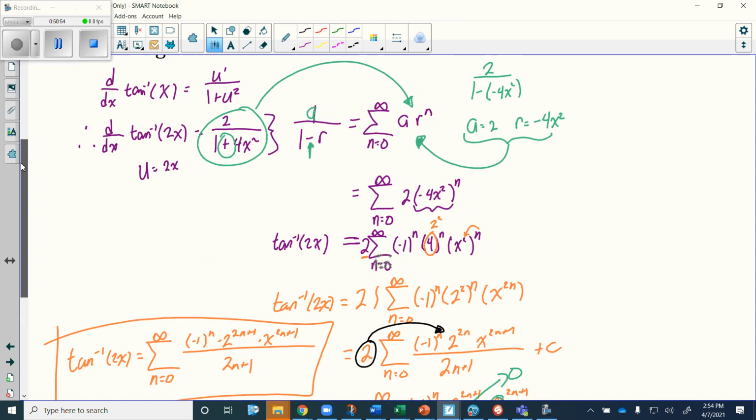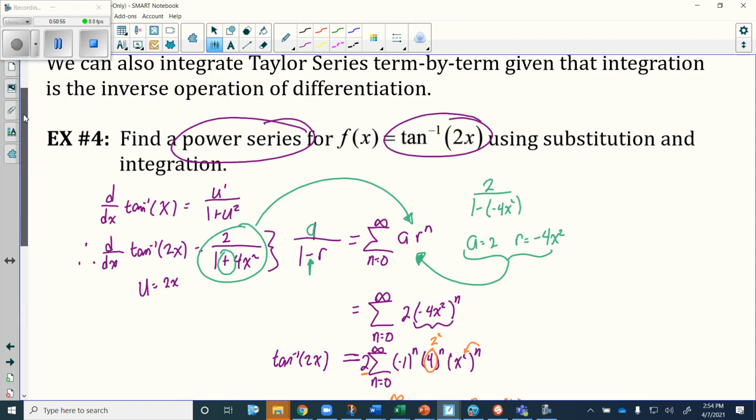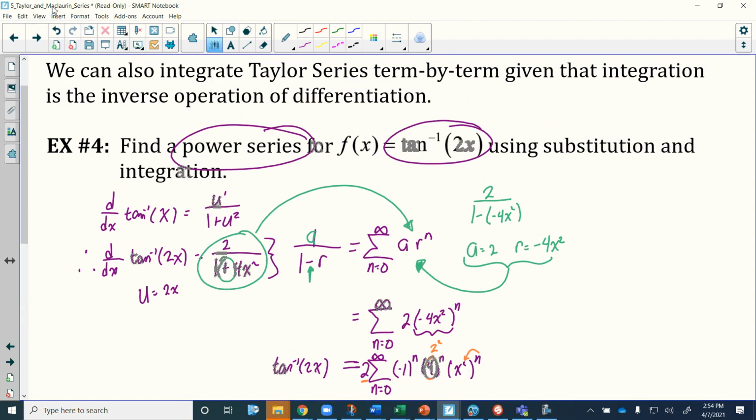But again, think about what we know, okay? We know we need it in some way to look like this expression here. You know, we need it to look something like that. That's why I wind up taking the derivative of the expression as it was given to me, so I have something with which to work.